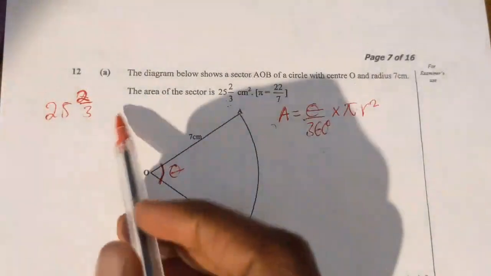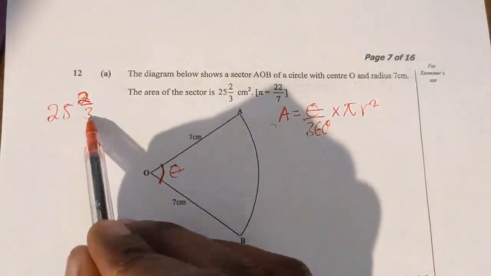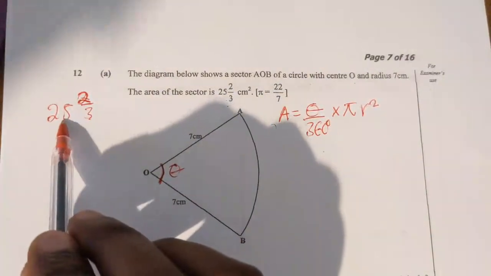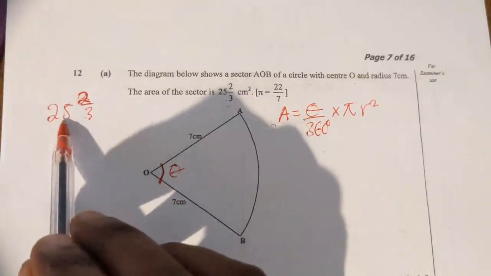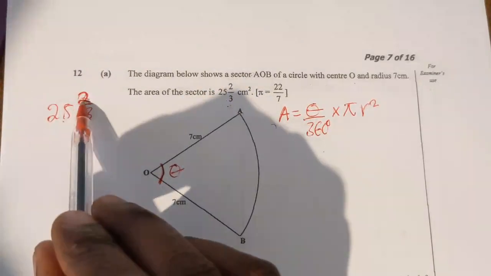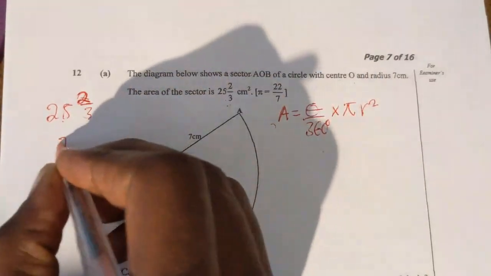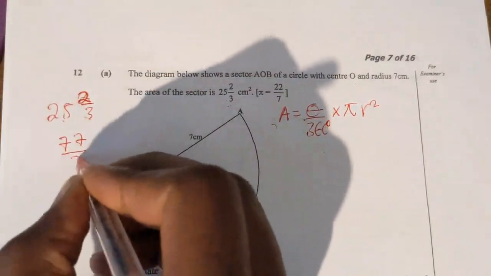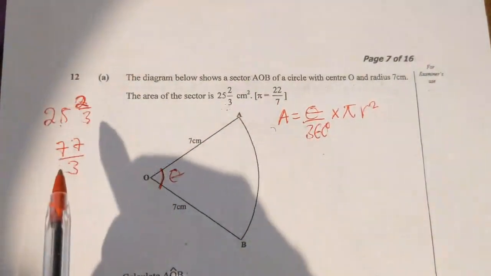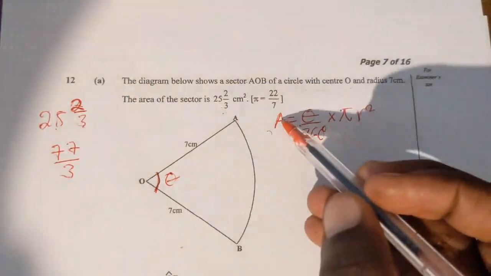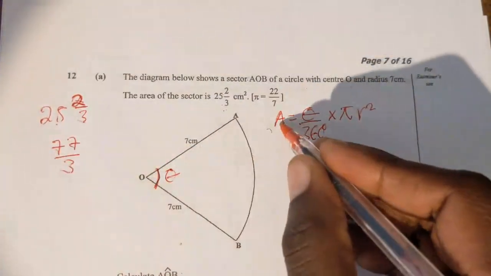You can actually write it like this: you multiply 3 times 25, that is 75, then plus 2, that is 77. So that is 77 over 3. It is just the same as this. This is what you're supposed to do first when you're given something like that. Here you have been told that the area of the sector is this, so you just replace the area.